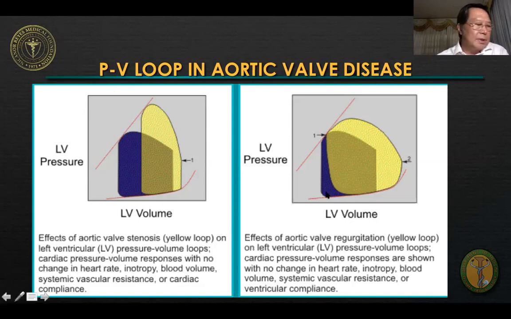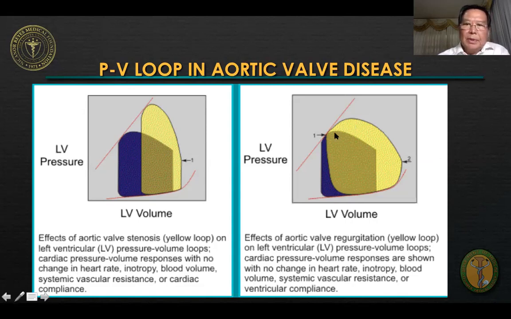So preload is increased, so therefore your end diastolic volume is way increased compared to the reference normal, right? And the reason for that, as I've said, is because of your usual or normal venous return from the left atrium plus the regurgitant volume from the aortic valve.